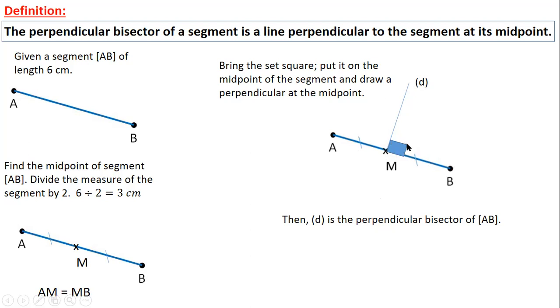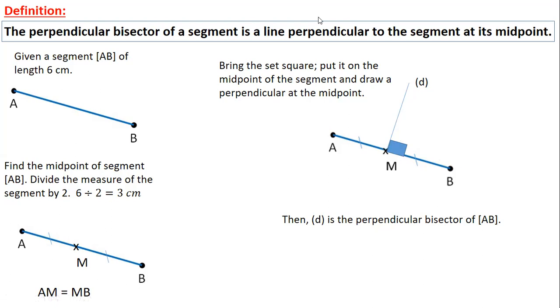If you see this mark here, we should always do it after drawing the perpendicular bisector to show that this line and this line are perpendicular to each other. So line D is the perpendicular bisector of segment AB since it passes in M, which is the midpoint of segment AB. Any question, guys, about the perpendicular bisector of a segment?